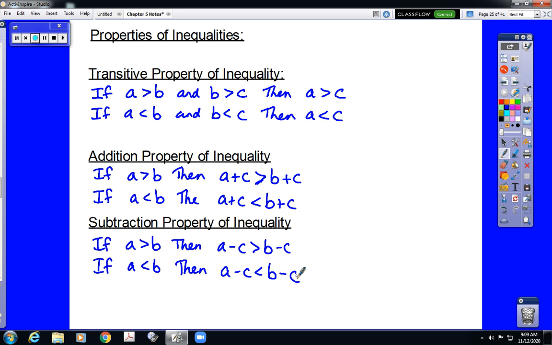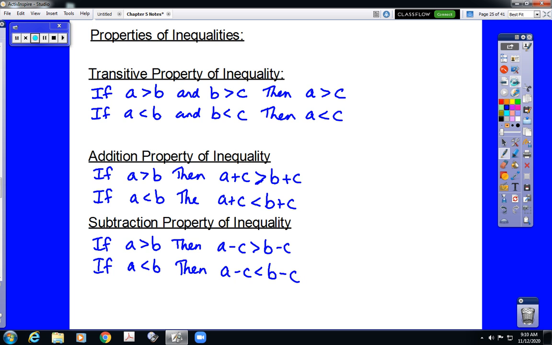What I mean by that is when we multiply or divide by a negative number, we have to reverse the inequality symbol. So those properties are different for inequality than they are for equality. That's why multiplication and division are not listed here. So these three properties are the same for inequalities that they are for equality, meaning that the rules we already had in place from Chapter 2 definitely still apply here for inequalities.